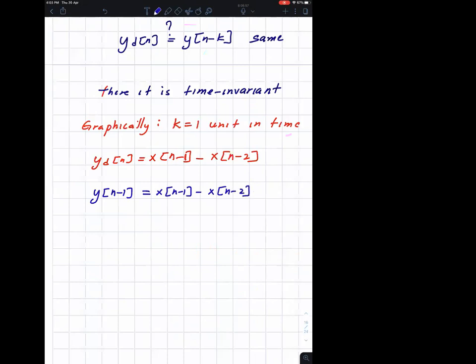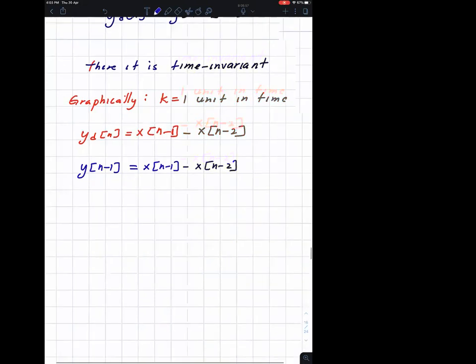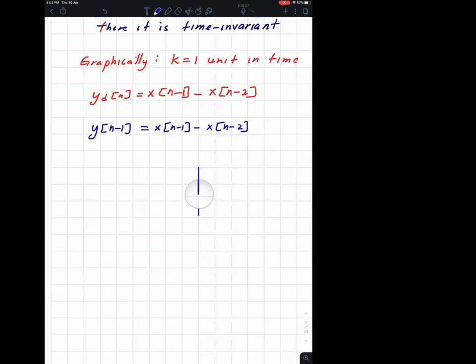So if we go ahead and sketch these things, let's sketch the blue one first. Since I'm already in blue, y n minus 1. So x n minus 1, where's n minus 1 located?